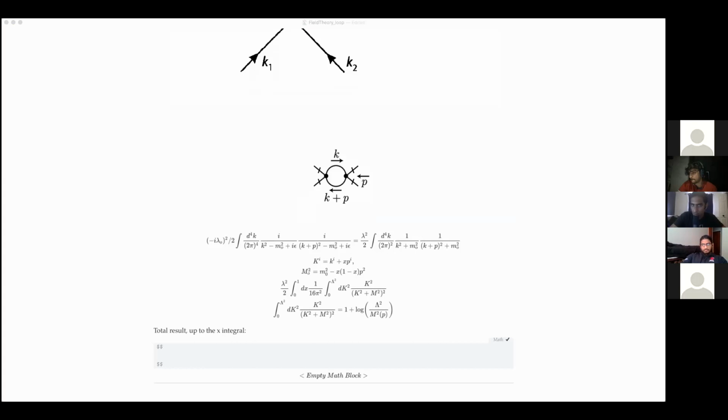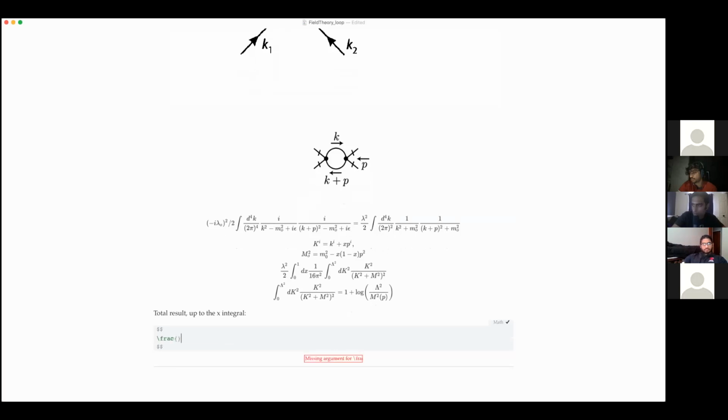Okay, so it's going to look like I squared to pi squared, because there's a 2, and then multiply 16 pi squared, integral from 0 to 1. Okay, and then we have dx.